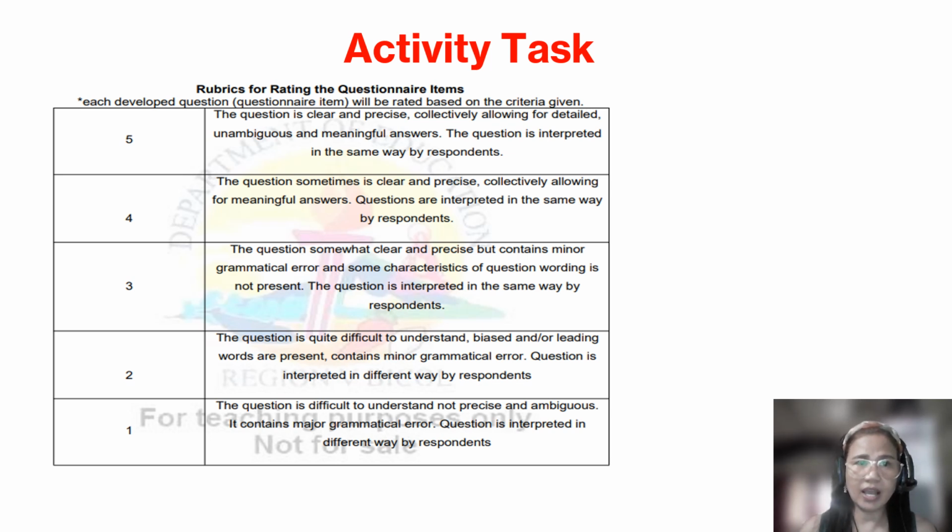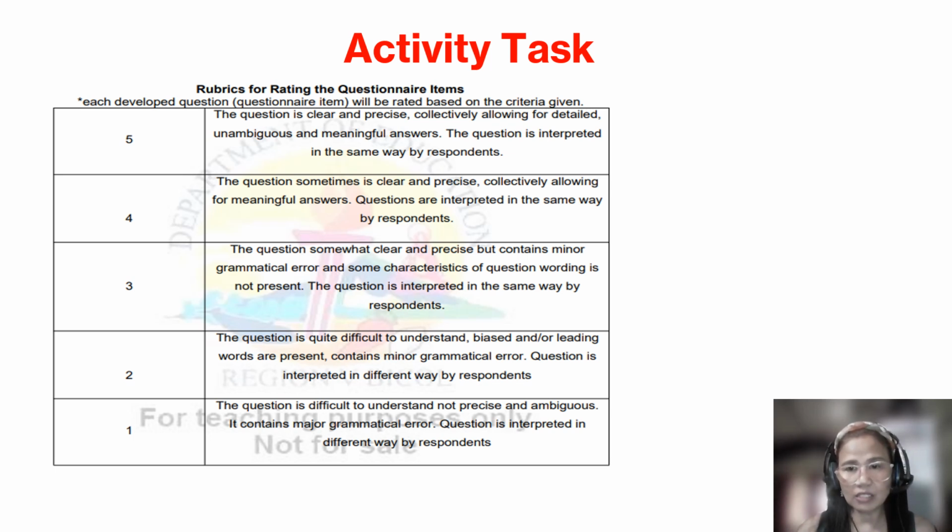Right? For 5, the question is clear and precise, collectively allowing for detailed, unambiguous, and meaningful answers. The question is interpreted in the same way by respondents to be able to get 5. That is how you should construct your questionnaires. All right, so you read the rest of the rubrics.